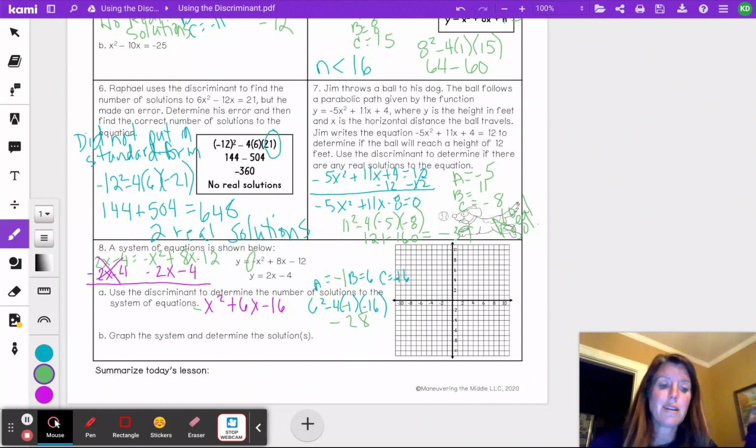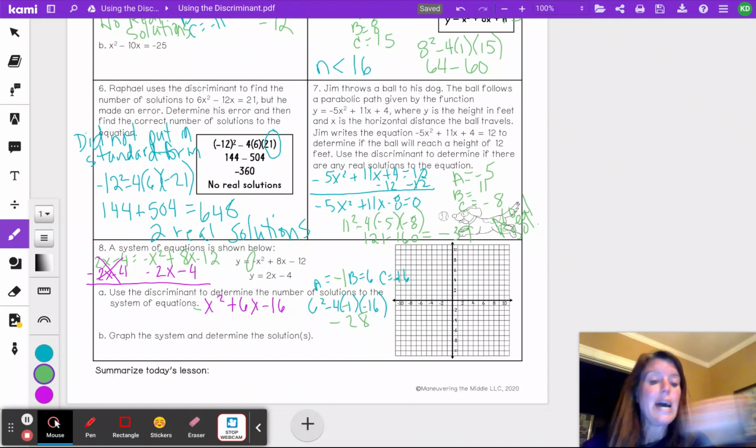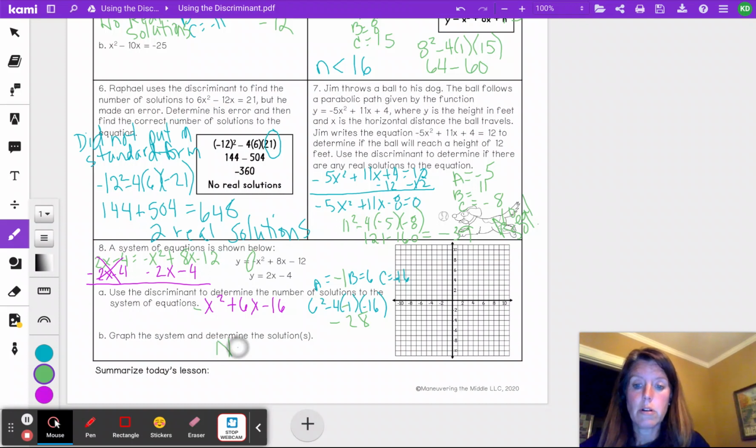So that is a number less than 0. So that means there's no real solutions and no x-intercepts. So if we were to graph this, no real solutions.